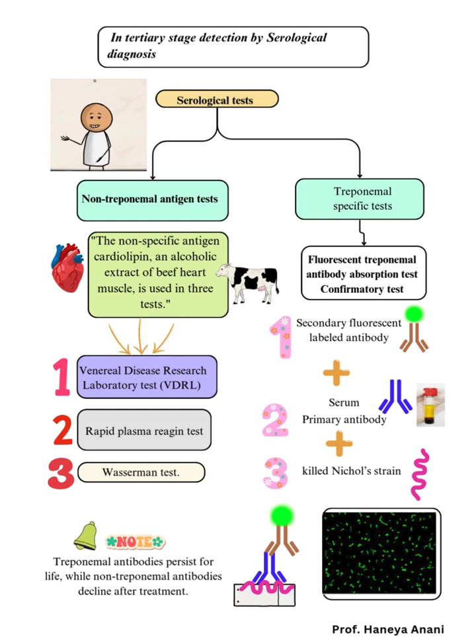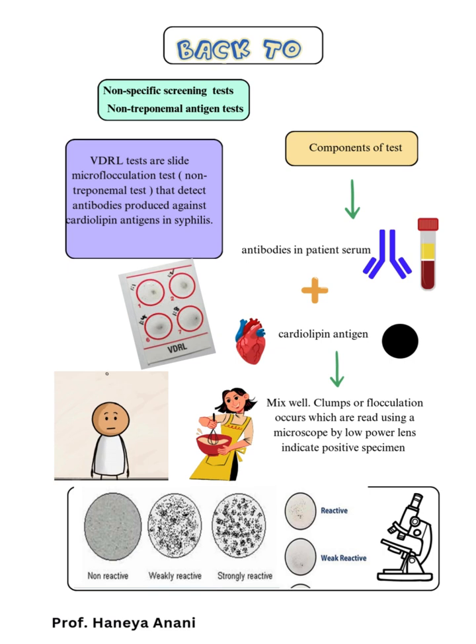While in treponemal specific tests we use the fluorescent treponemal antibody absorption test. It is an indirect immunofluorescence test in which the pathogenic Treponema Nichols strain, plus patient's serum, plus fluorescein-labeled anti-human gamma globulin, is fixed to a slide. After incubation for some time, fluorescence is seen with positive sera.